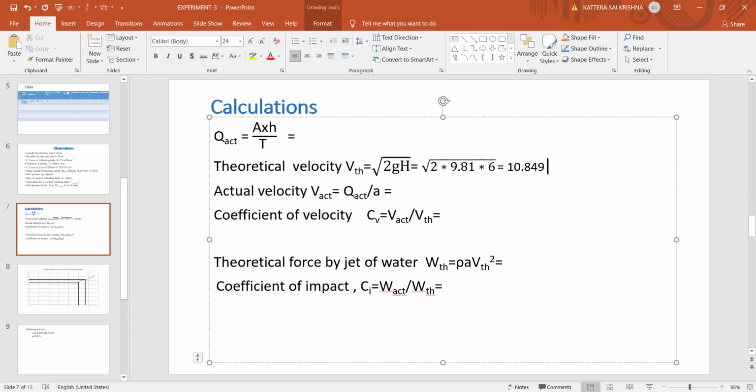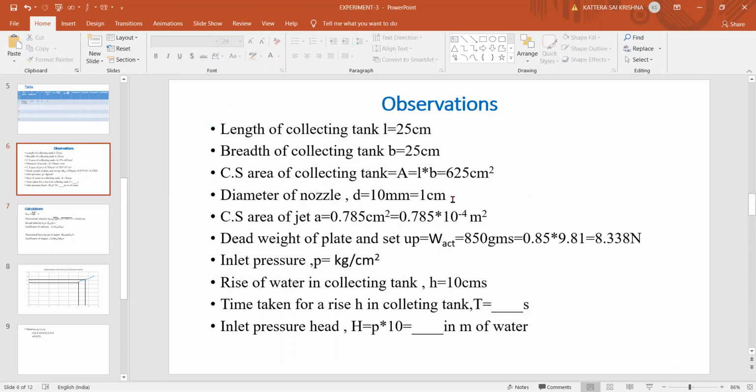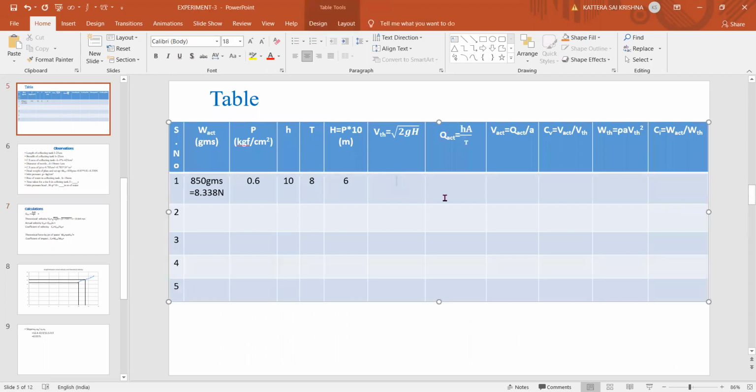Meter per second, because the H value is in meters. So for the first reading, we got the V value as 10.849 meters per second.